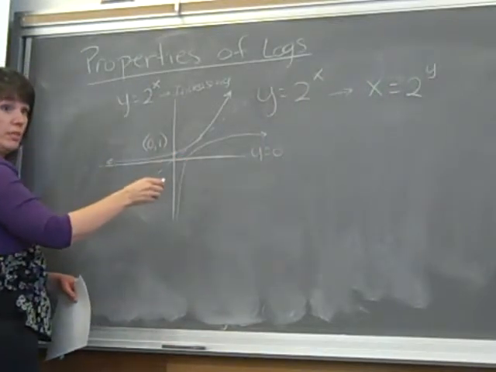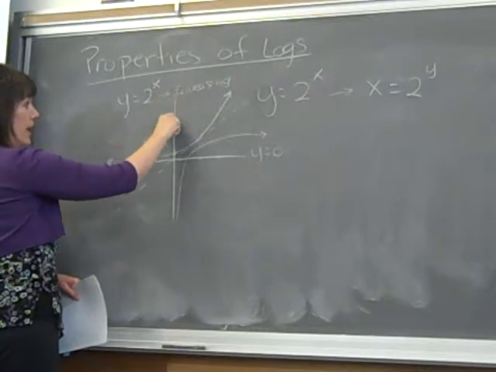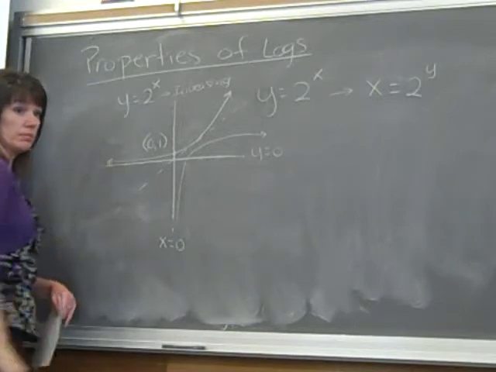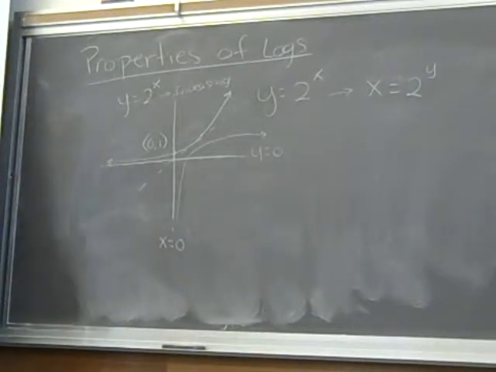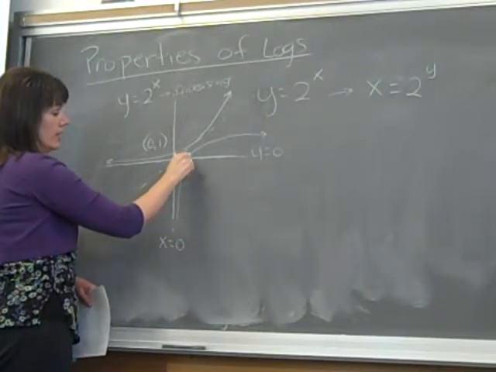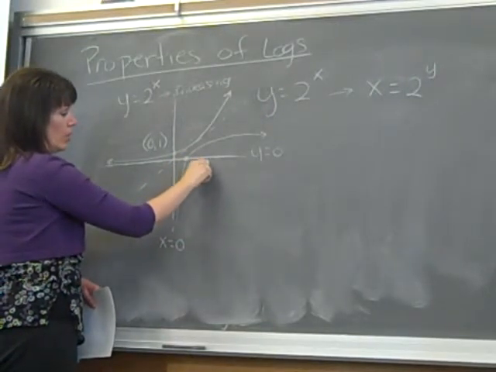So let's see some properties here. With a logarithm, we have an asymptote at x equals 0. You cannot ever log a negative number. If you don't believe me, try it in your calculator and it will say error. You just can't do it. This will always cross at 1, 0.